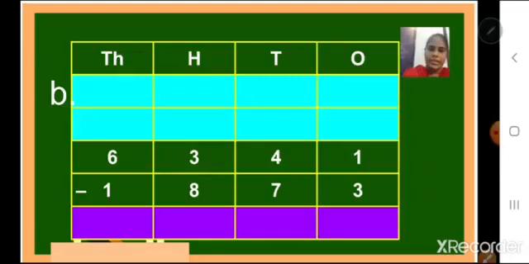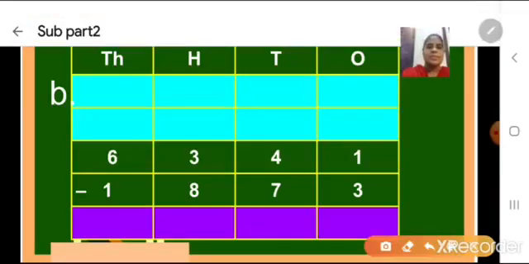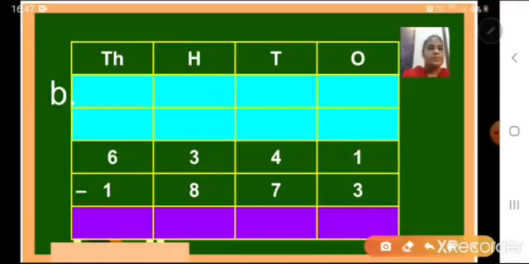Let us move towards B question, which is 6,341 minus 1,873. Now we'll start subtracting from ones place. In ones place we have 1 minus 3, which is not possible. So we have to borrow from our friend tens place. In tens place we have number 4. 4 tens will give 1 tens.